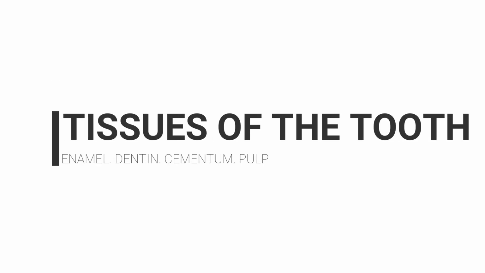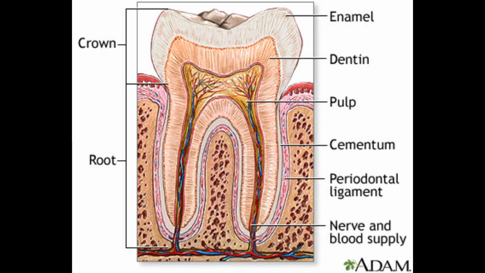Moving forward to the tissues of the tooth, we have your crown and the root. The outermost layer of the crown is called the enamel. Under it is your dentine, which forms the bulk of the tooth. The dentine runs from the crown down to your root, while the covering structure of your root is called the cementum.